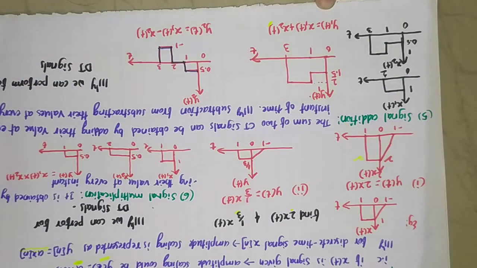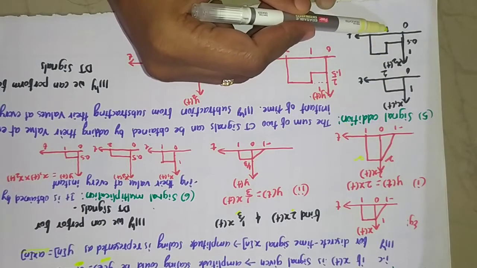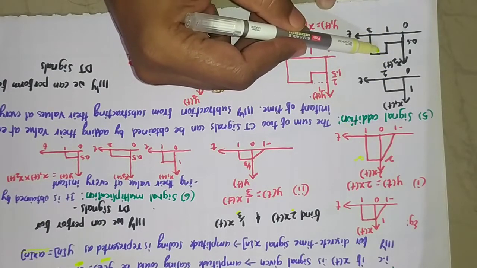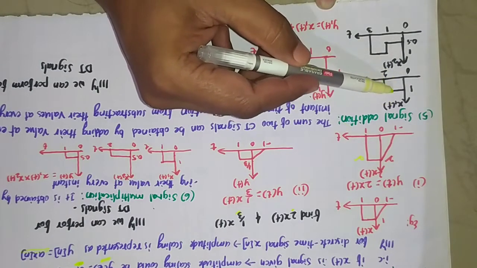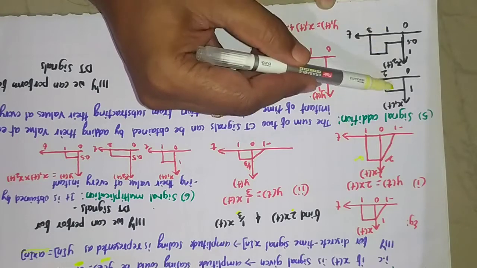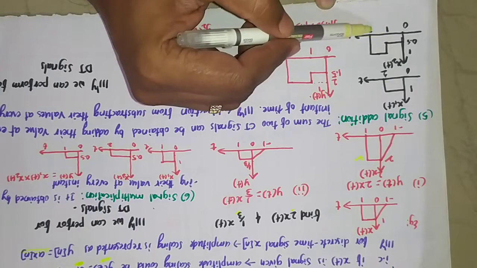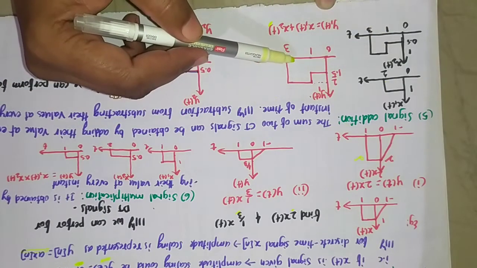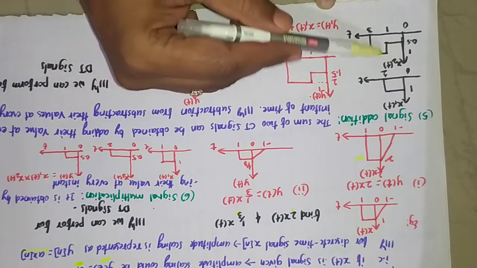At 1 it is 1, so it will remain 1.5 up to 1. Okay, so in the given signals x1 of t and x2 of t, from 1 to 3 it is 1 in x2, and from 1 to 2 in x1 it is also 1. So both signals' amplitudes are 1 and 1 from 1 to 2. Correspondingly the output y1 of t will have amplitude 2 here, 1 plus 1.